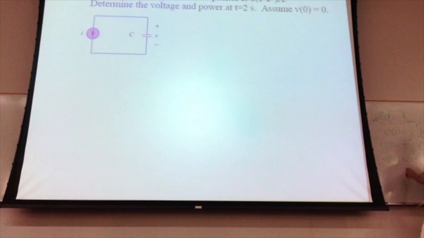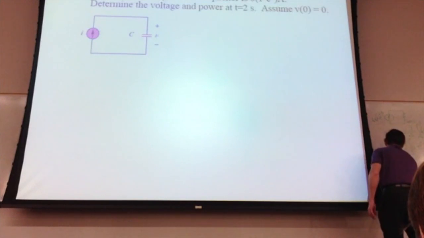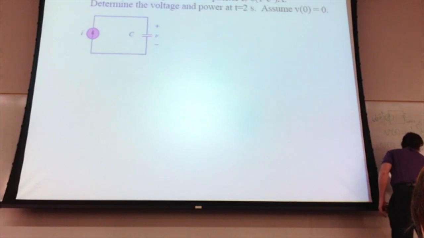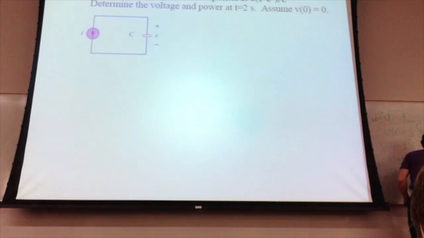So this is 12 times t from the first one, minus 12 times e to the minus t minus e to the minus 0. So v of t equals 12t minus 12, and e to the 0 is 1, minus 12 e to the minus t, this comes in here plus 12.